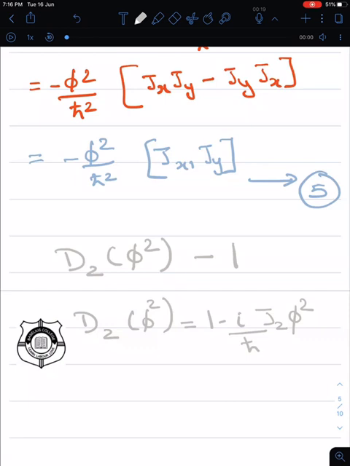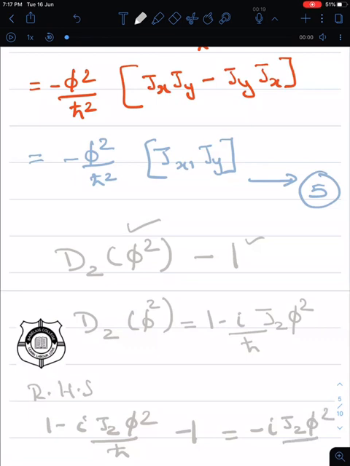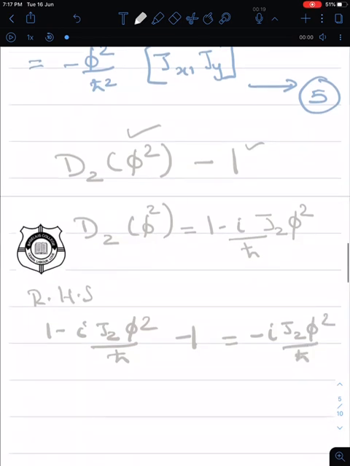So the right hand side becomes 1 minus this dz phi square minus 1. So it becomes 1 minus i jz phi square by h cross minus 1, which is equal to minus i jz phi square by h cross. This is equation number 6.